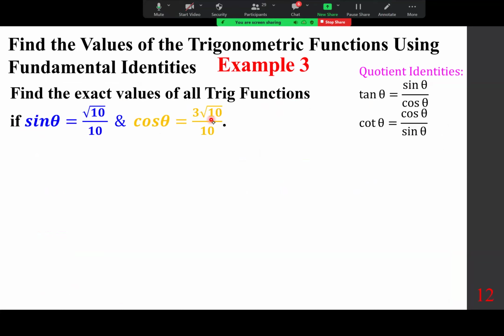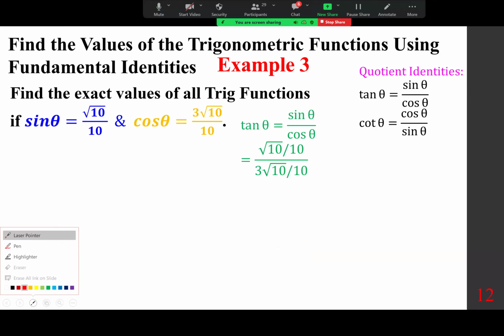So sine over cosine will result in tangent. The common denominator is 10, you can drop it. Square root of 10 is common, you can drop it. The answer is 1/3. And the rest of them are the reciprocals, everybody.